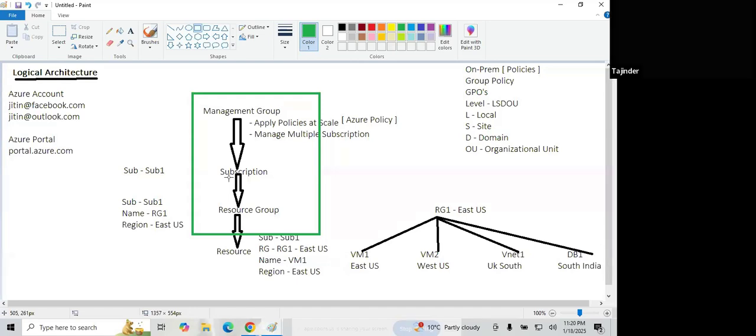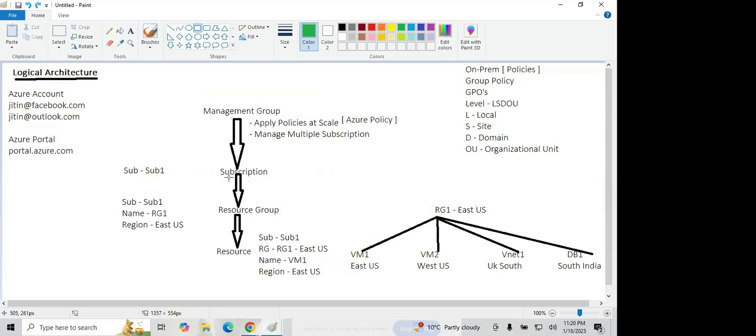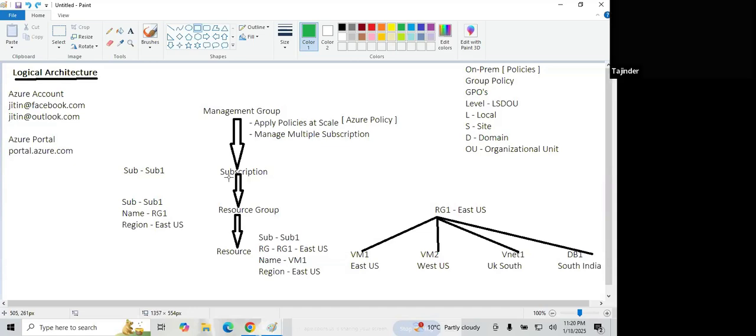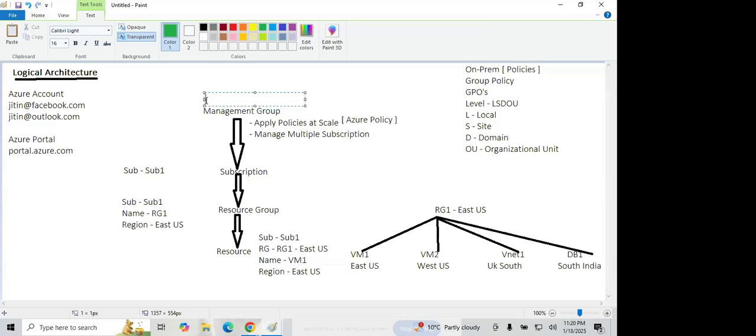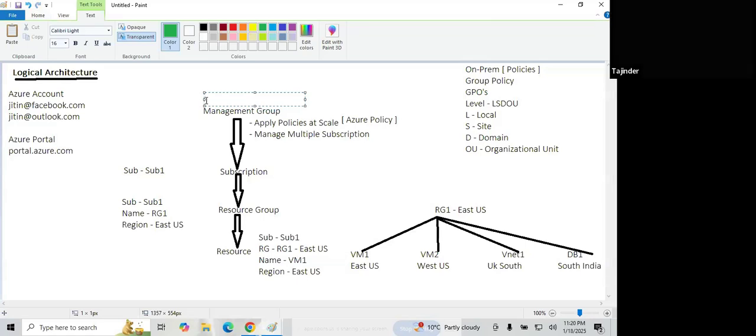Now what we can see at the top is something called a management group. Can you please tell me what would be the name of the first management group? It could be anything.